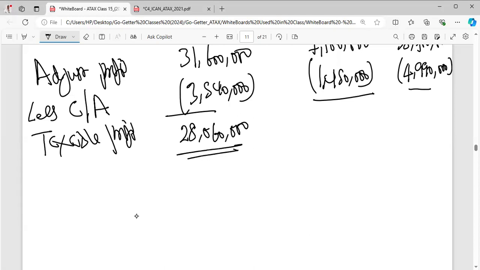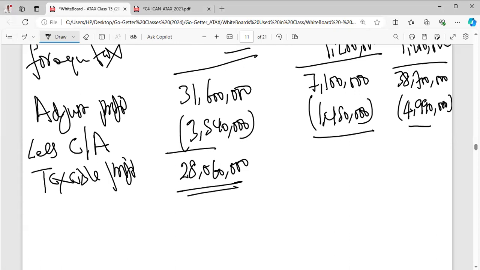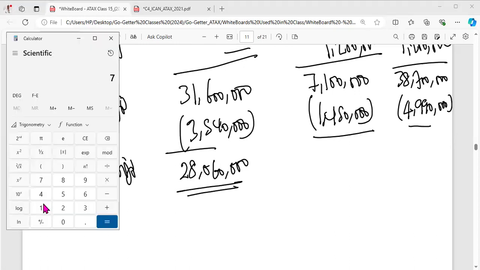What about Ghana? Only Ghana, 7,100 minus 1,450. That should give me 5,650. Only Ghana, 5,650.